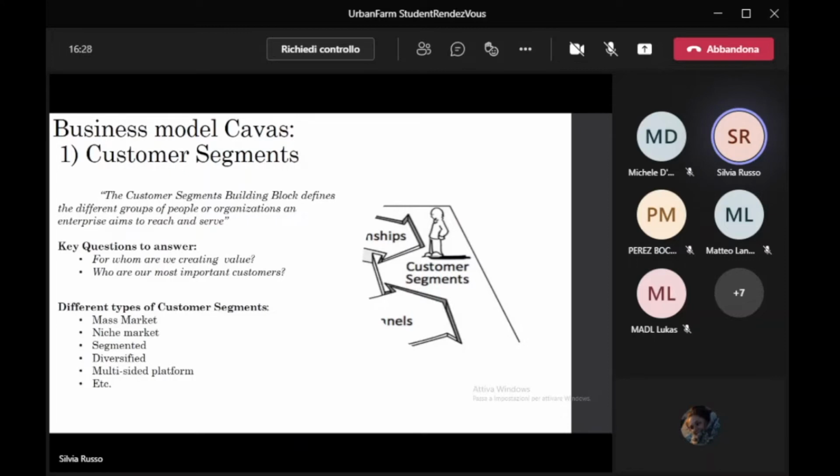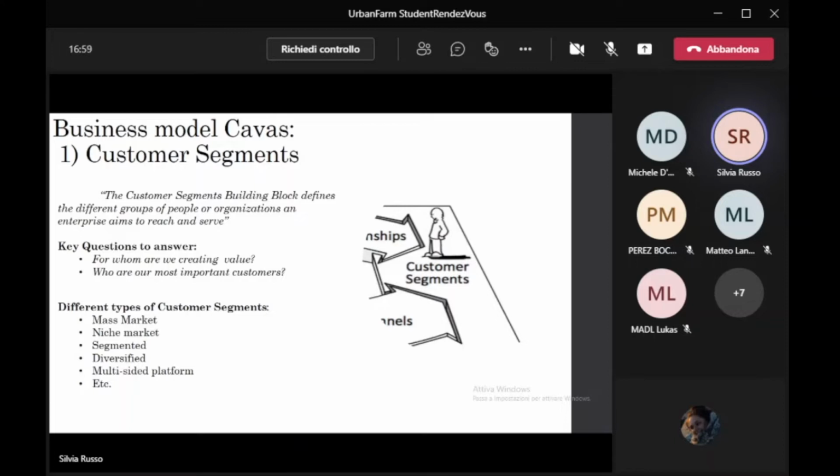In this case, they suggest asking ourselves for whom we are creating value and who our most important customers are. It is important to understand what needs our customers have that our value proposition would satisfy, or what problems of our consumers we would like to solve.